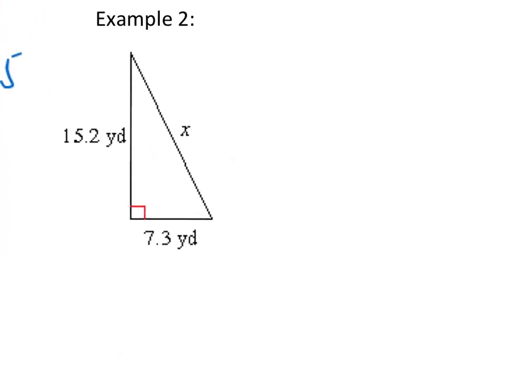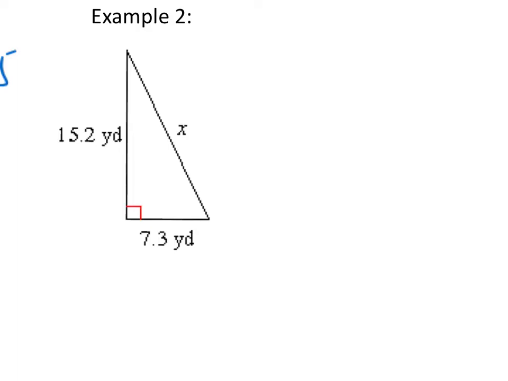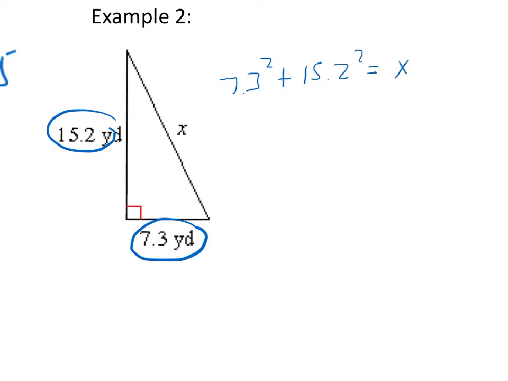Next question. The two legs are the two sides that make up the right angle. So 7.3 squared plus 15.2 squared equals x squared.